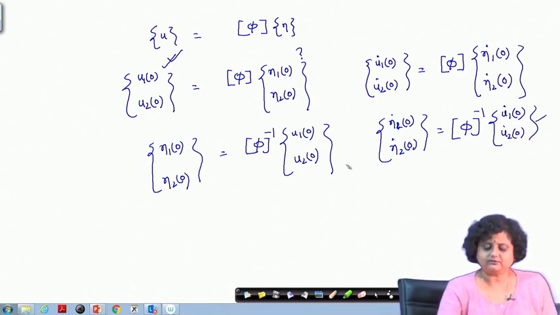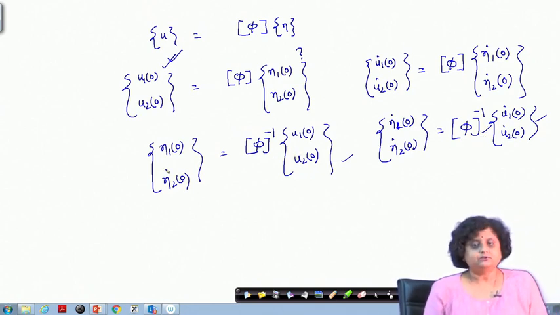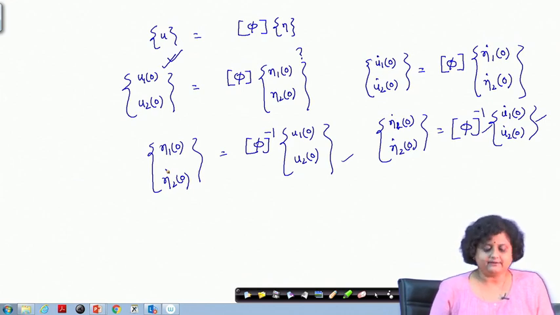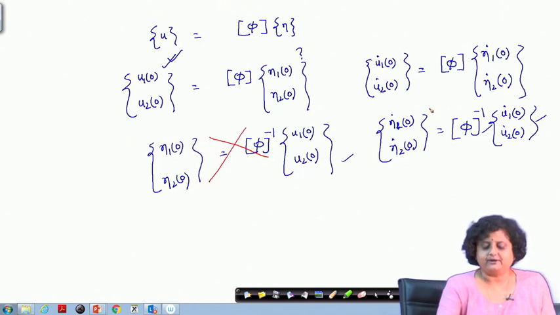Right, so this is known. I know phi, I can take the inverse, multiply, and get this. This is correct, this is not a wrong method, but it is not the easiest method or the recommended method.